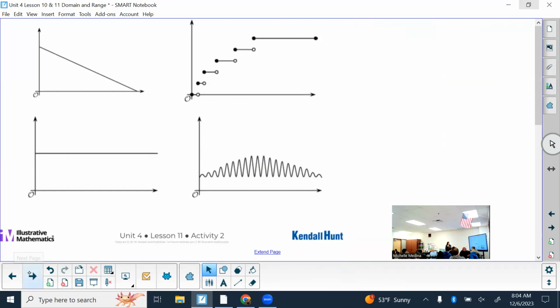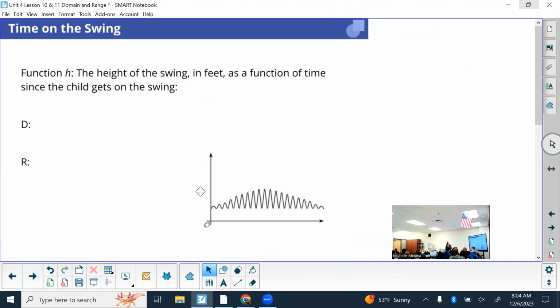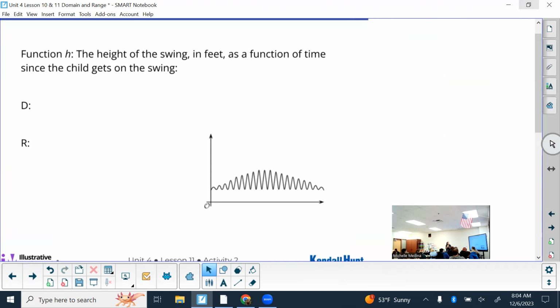So starting with the first one that we matched, what are my possible inputs? What are we labeling the x-axis as? Time in seconds. And wouldn't that be true for all of these?